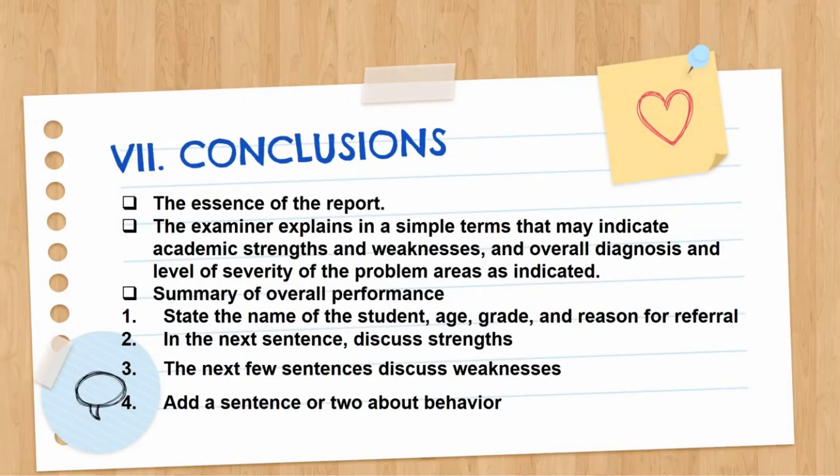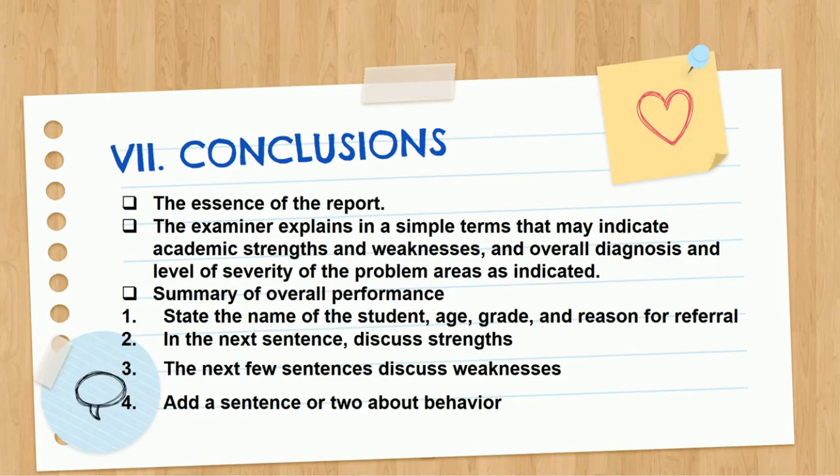Moving on to the next format, which is the conclusions. This is the essence of the report. This is where the examiner explains in simple terms that may indicate academic strengths and weaknesses, an overall diagnosis and level of severity of the problem areas as indicated. You also have to include the summary of overall performance of the student, such as stating the name of the student, age, grade, and reason for referral.